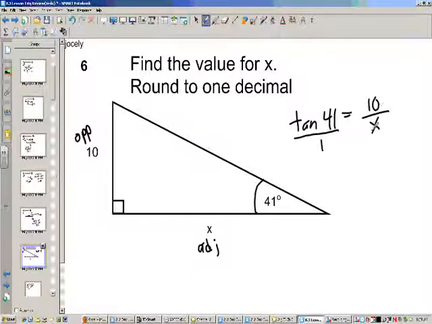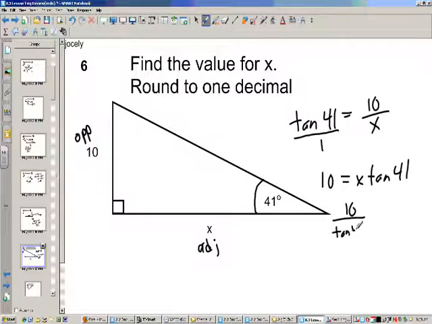Now we can cross multiply and divide, so 10 times 1 is 10. X times the tangent of 41 is x times the tangent of 41. Now we divide both sides by tangent of 41. And 10 divided by the tangent of 41 is equal to 11.5.